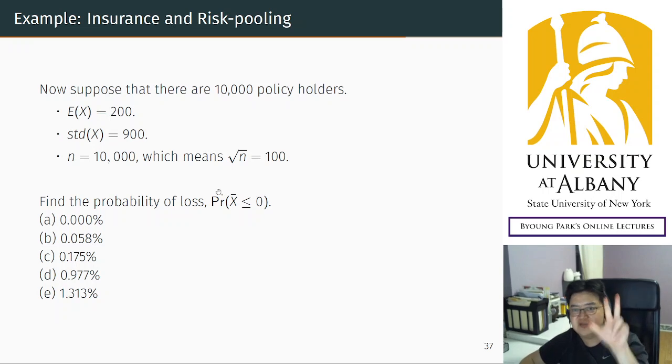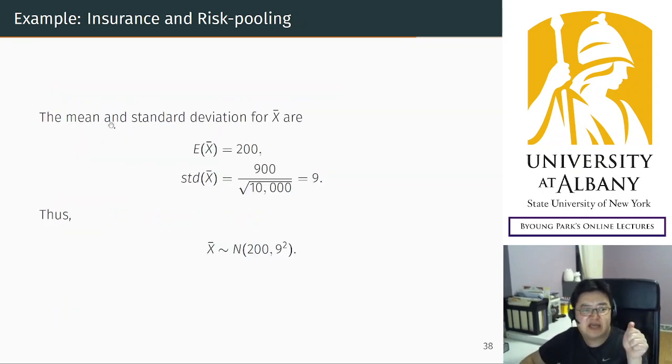So these three steps. In the first step, calculate the mean and the standard deviation for the sampling distribution. We already calculated the mean and the standard deviation of a single outcome, and that was 200 and 900, right?